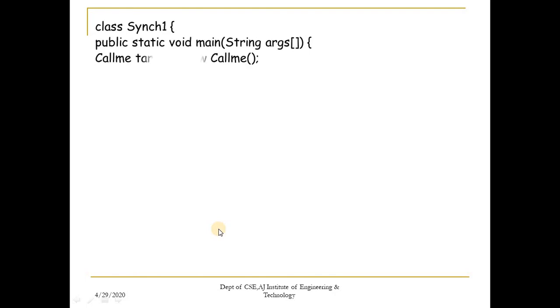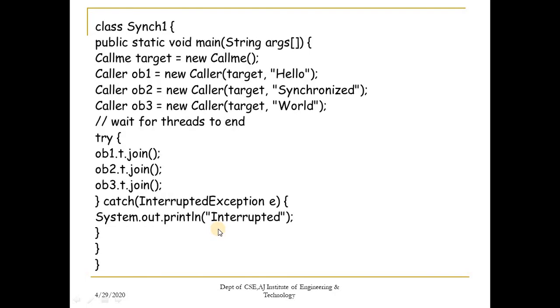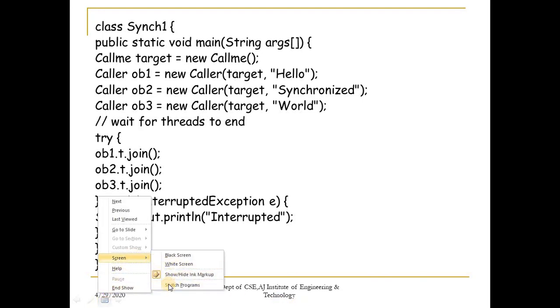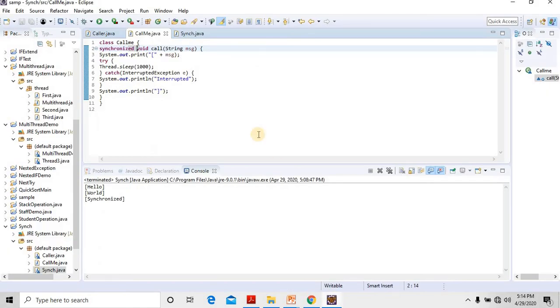So this is one more way of achieving synchronization. Remaining everything is the same, just that when you are going to call that method, you will put it in a synchronized block. One more way of achieving synchronization. Okay, let us make that change in the program and see the output. This keyword you remove.